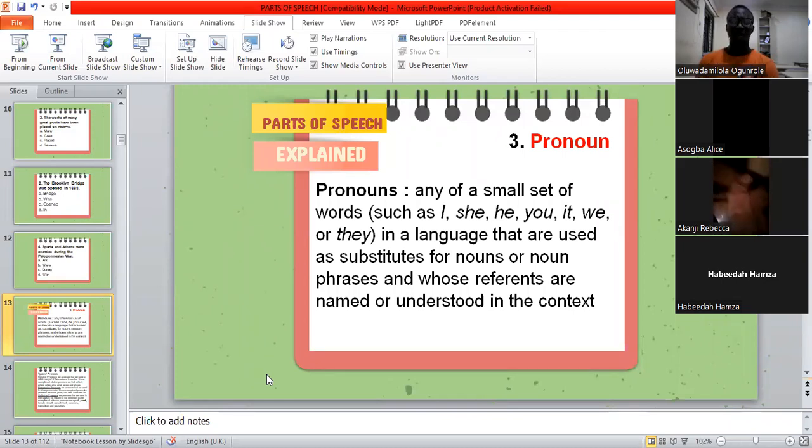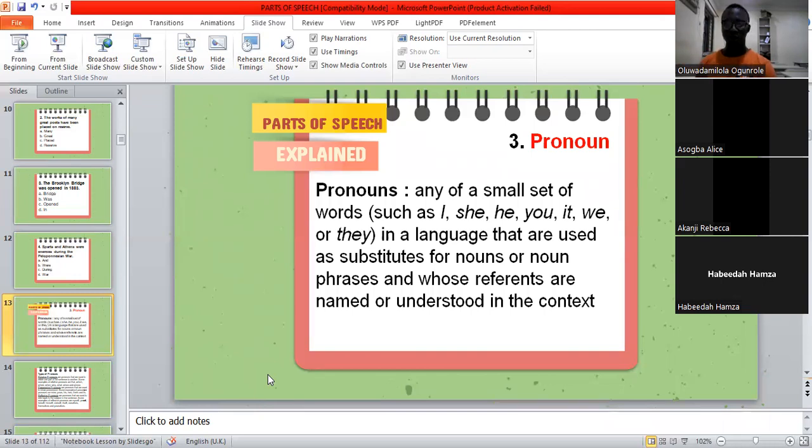All of these that we have mentioned, just as you can have your noun in singular and plural, the pronoun also has the singular and the plural. I is singular, she, he, or it are all singular. You can be used as singular and plural. What I mean by that is this: you can use you referring to one person, and you can use you referring to many persons.